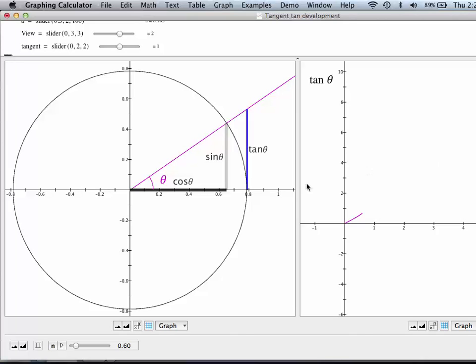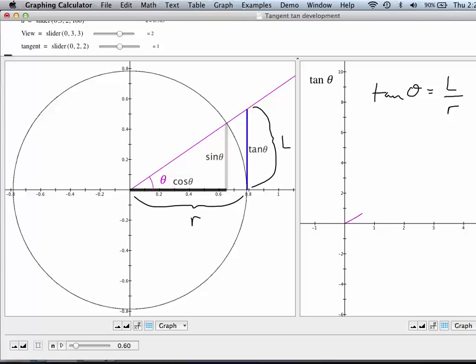If this is our radius, and this is L, then we said tangent theta was what? L over R, right? Measuring that blue line in radius lengths, L over R. And we said it was about 0.8 or something like that.